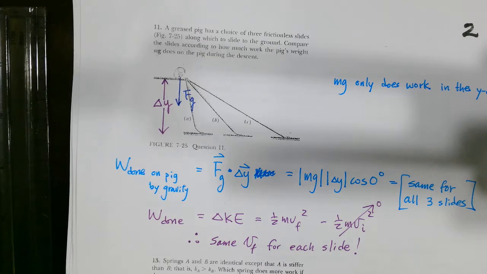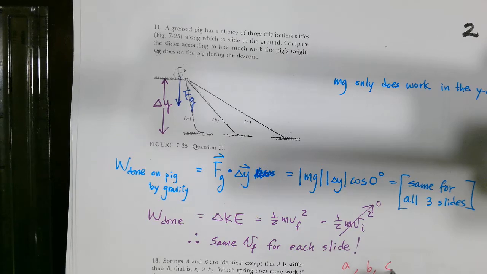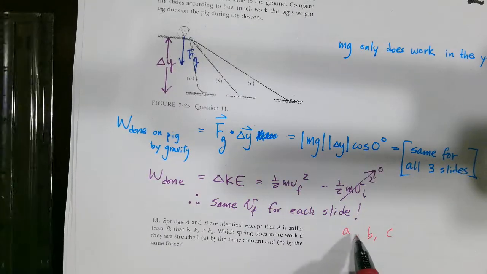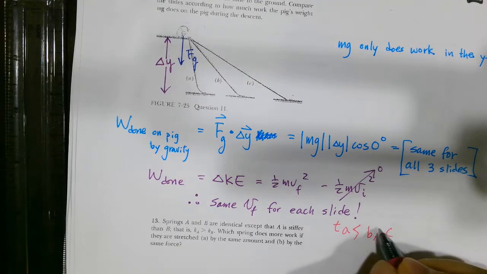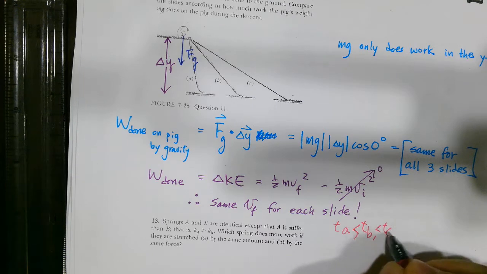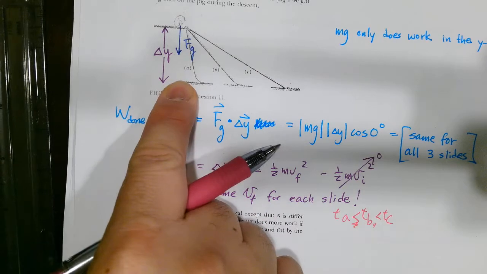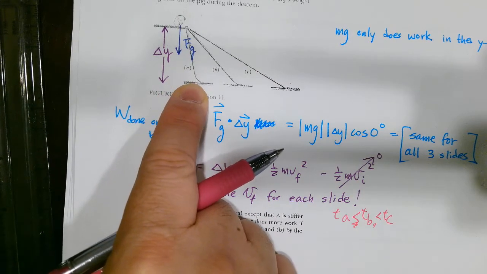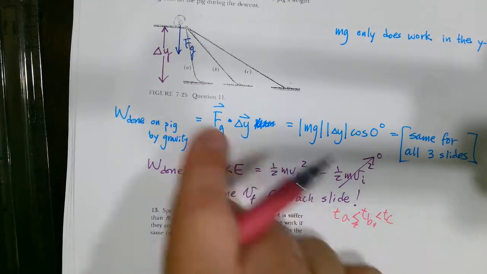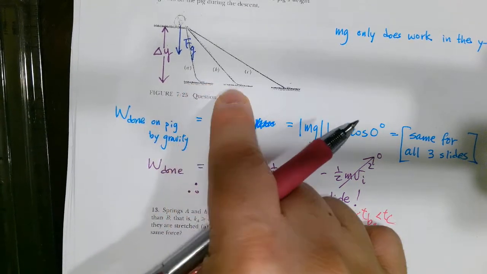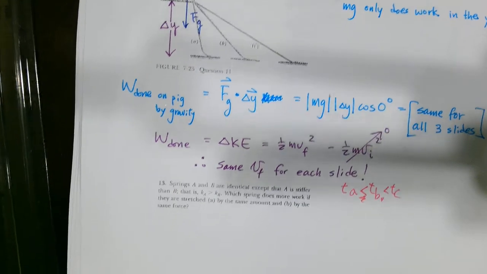It'd be A, and then B, and then C. So T sub A is less than T sub B, which is less than T sub C, because the pig's going to reach the bottom here the fastest. It's going to reach this speed here fastest, second fastest, third. All right.